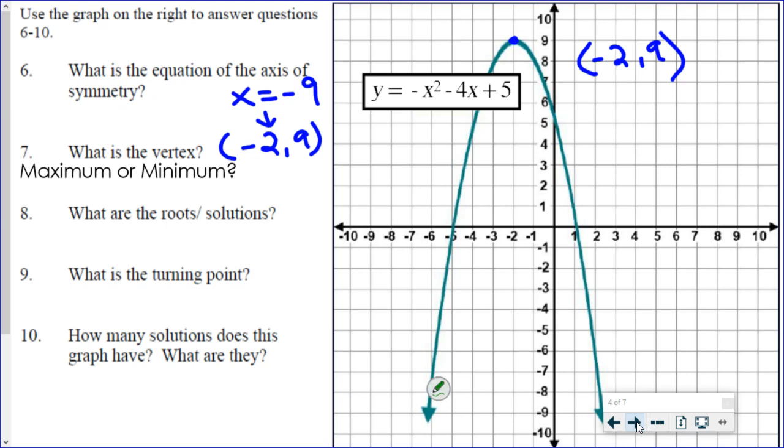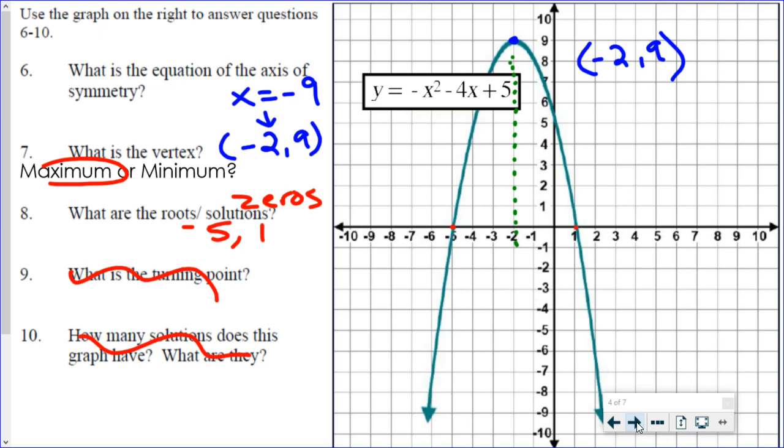That's where, if I were to draw a line, I would have symmetry over that line. That's why it's called the axis of symmetry. Now, this is a maximum because it's a high point. It goes up and then down. And the solutions are my zeros. Where are the zeros? At -5 and +1.